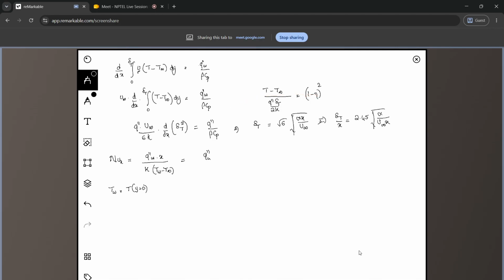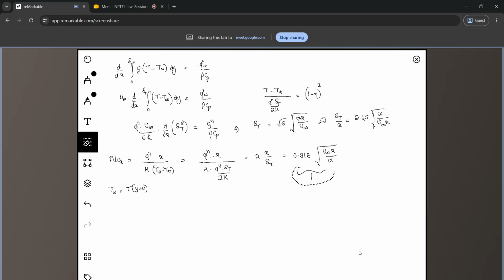That will give me q double prime delta T by 2k. So this gives me 2 times x by delta T. So I can substitute that back here, and that will give me around 0.816 times square root of u infinite x by alpha. So this is what I'm getting from the integral solution.